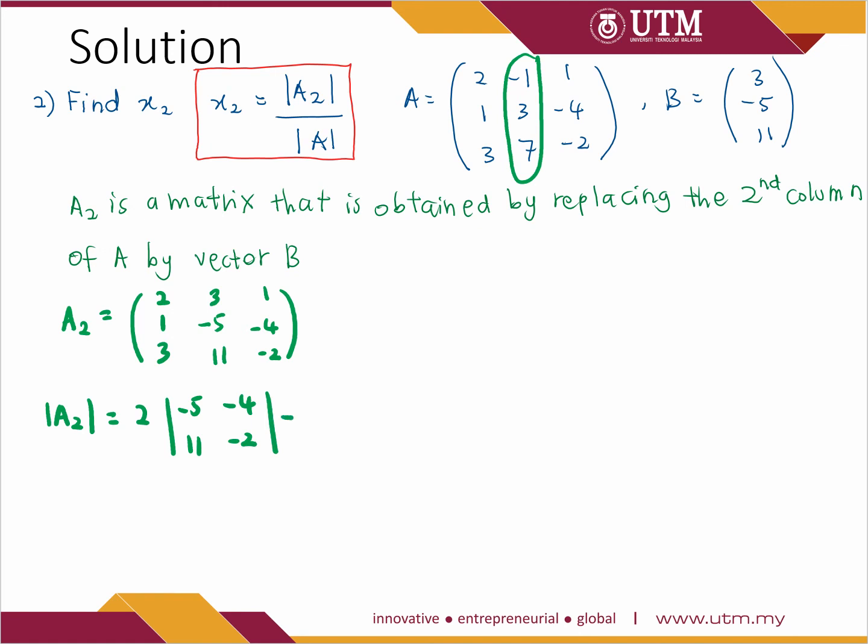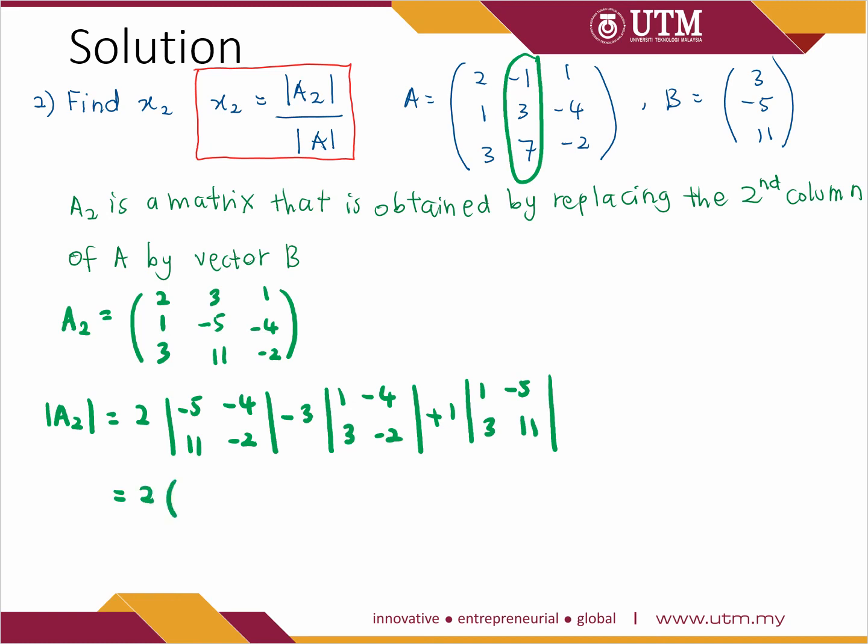And for the second part there should be a negative sign, 3 times the matrix 1, negative 4, 3, negative 2, and the last part should be positive 1 times the matrix 1, negative 5, 3, and 11.